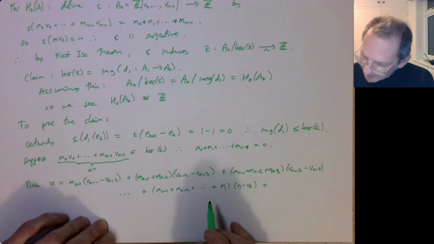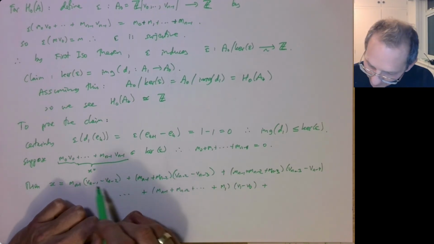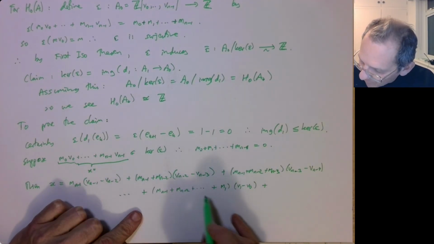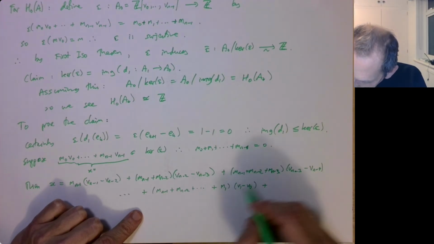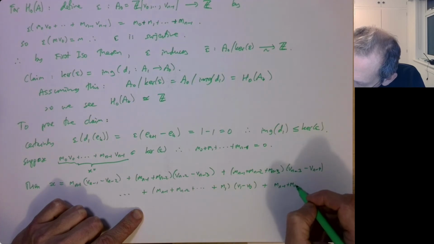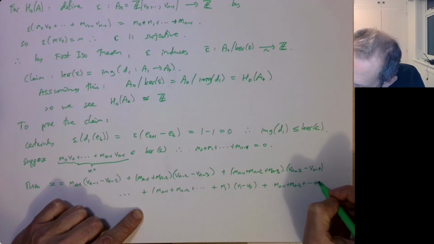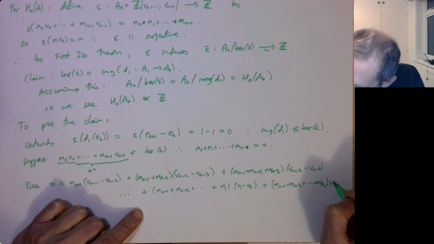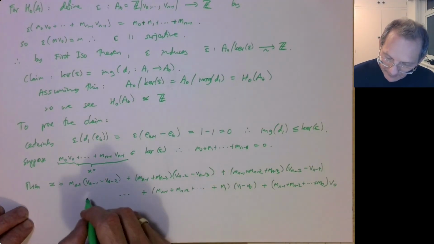If you do it like this, then you've got the right coefficient of vn minus 1, vn minus 2 all the way down to v1. Then you have to put in mn minus 1 plus mn minus 2 plus all the way up to m0 times v0.